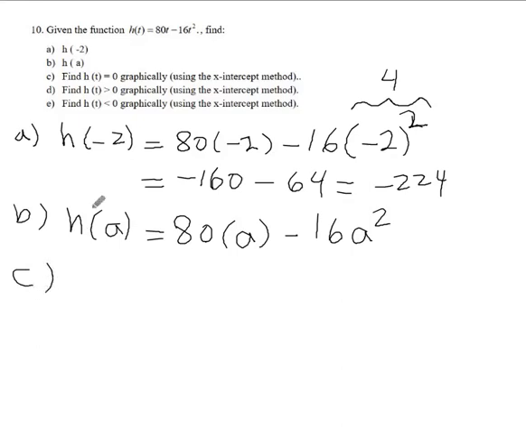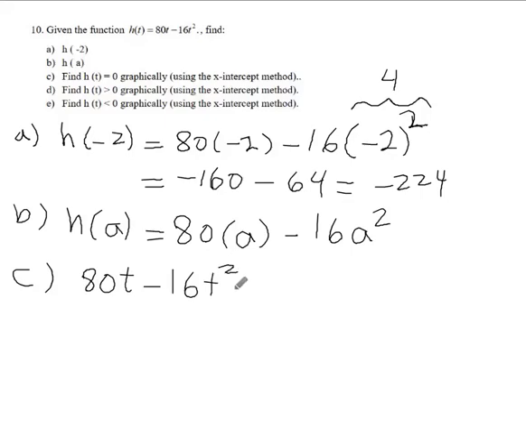For part C, it says find where h of t is equal to 0, h of t greater than 0, less than 0, graphically. So let's take a look at h of t is equal to 80t minus 16t squared.